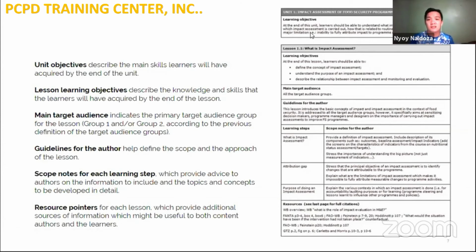Example, there's a thing called the learning objectives for the Unit 1. But per lesson, meron siyang learning objectives na, for example, at the end of the lesson, learners should be able to define, understand, and describe. So kung titingnan niya mabuti, medyo low order thinking skills pa siya, no? Yung lesson niya kasi first part pa lang naman ito ng lesson niya.